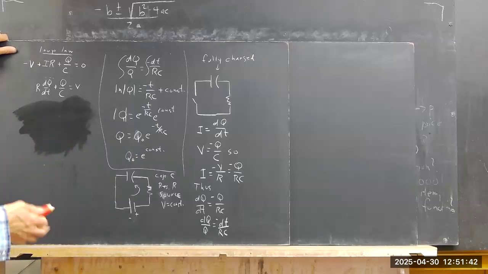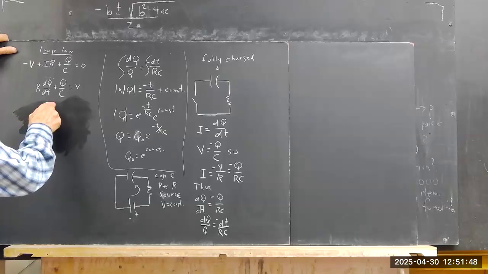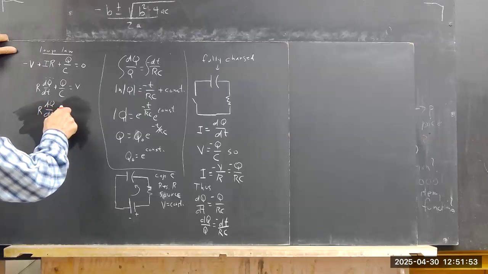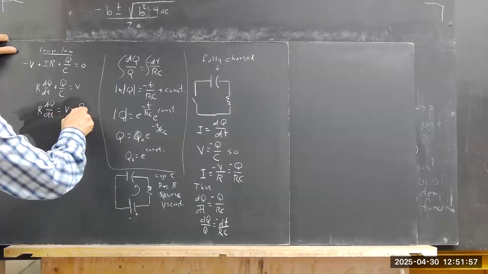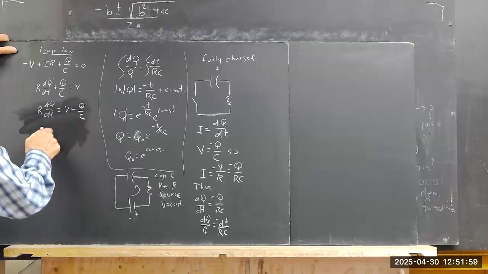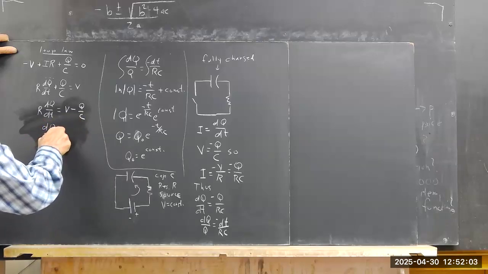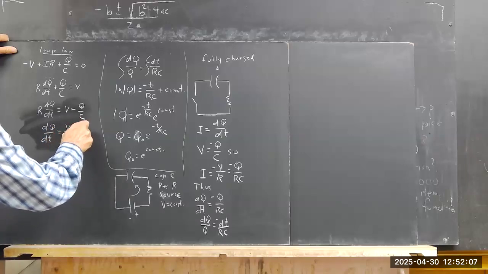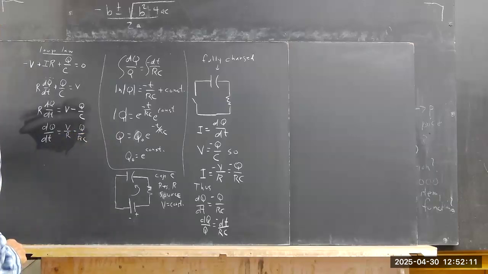This tells us R dq/dt equals V minus Q over C, or dq/dt equals V over R minus Q over RC.